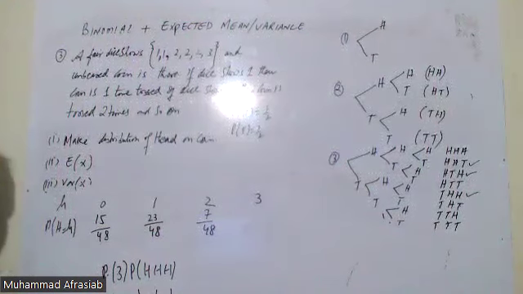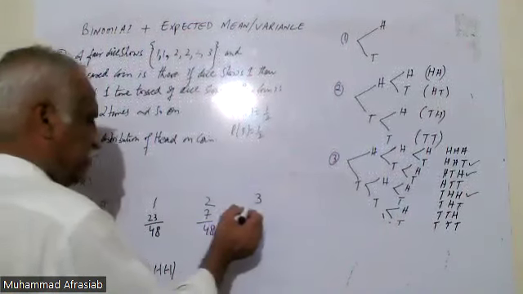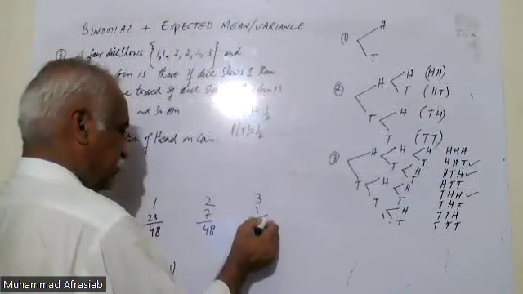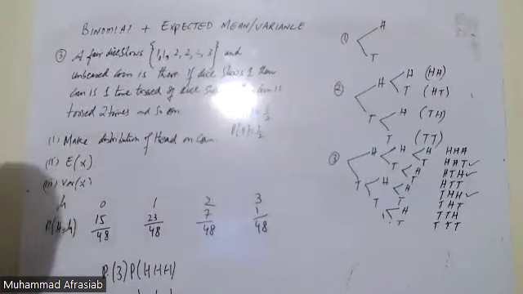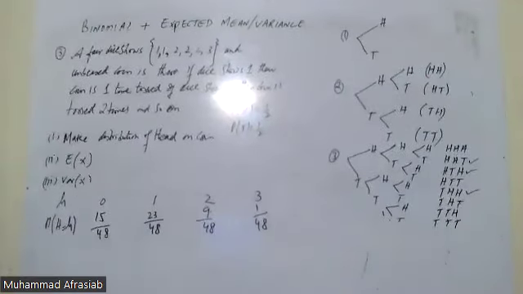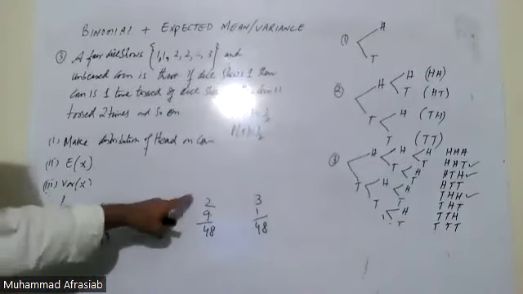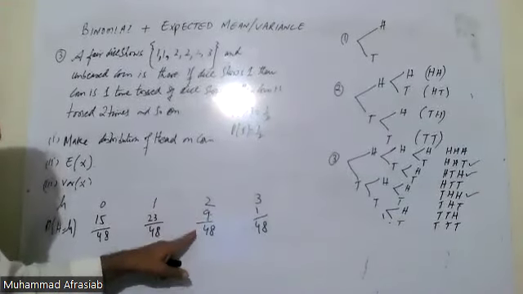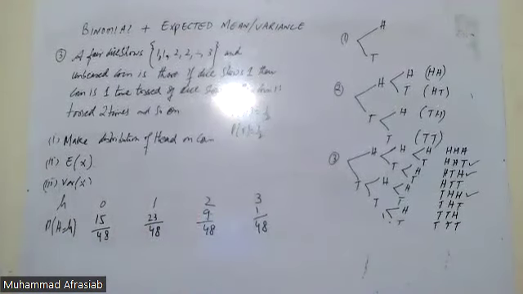So that is 1 over 48. Sorry, just two probabilities, not 7, it is 9 over 48. We have corrected it with respect to the calculation.